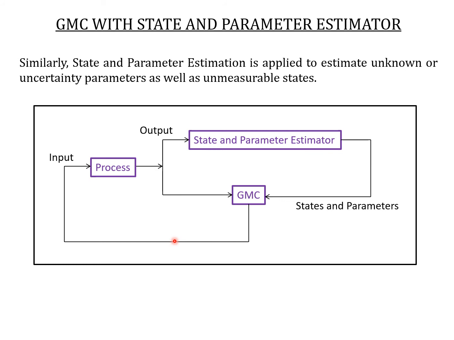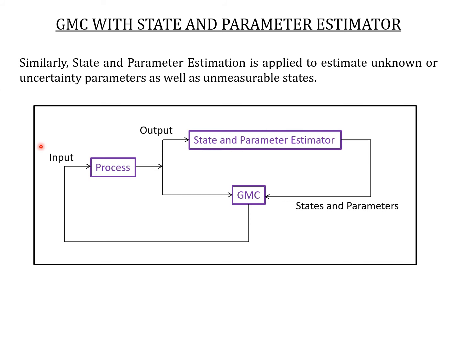So in most cases, we should be able to measure, but in cases where we are not able to measure, we may have to use state and parameter estimation methods. You may have studied before, using Kalman filters and other observers, we can implement that into the GMC if we have the estimation of that variable.